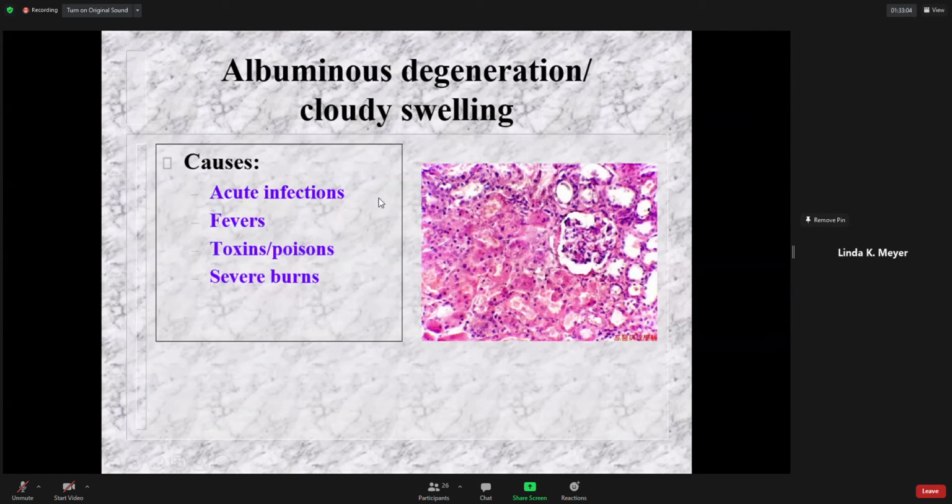Albuminous degeneration is generally caused by the following. I'm just giving you a couple: certain infections, fevers, toxins, poisons, and severe burns can all lead to this type of degeneration that's seen at the cellular level.